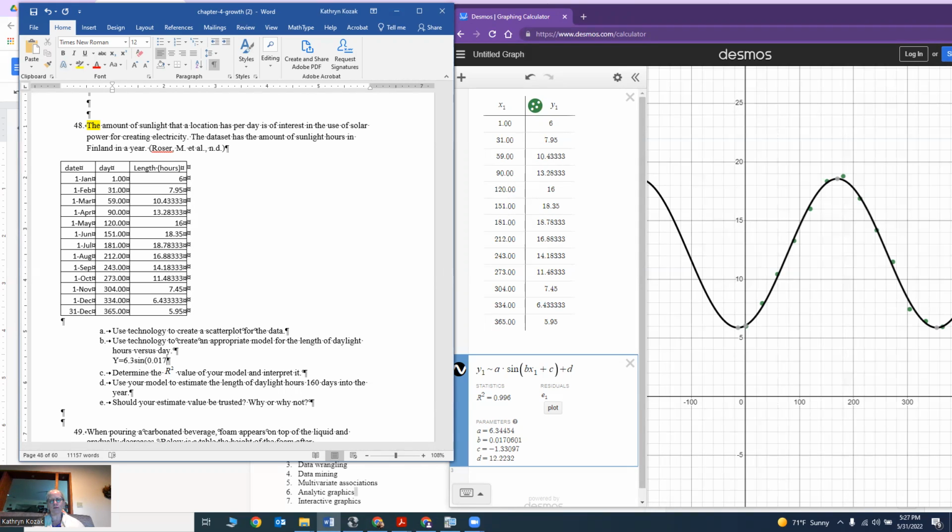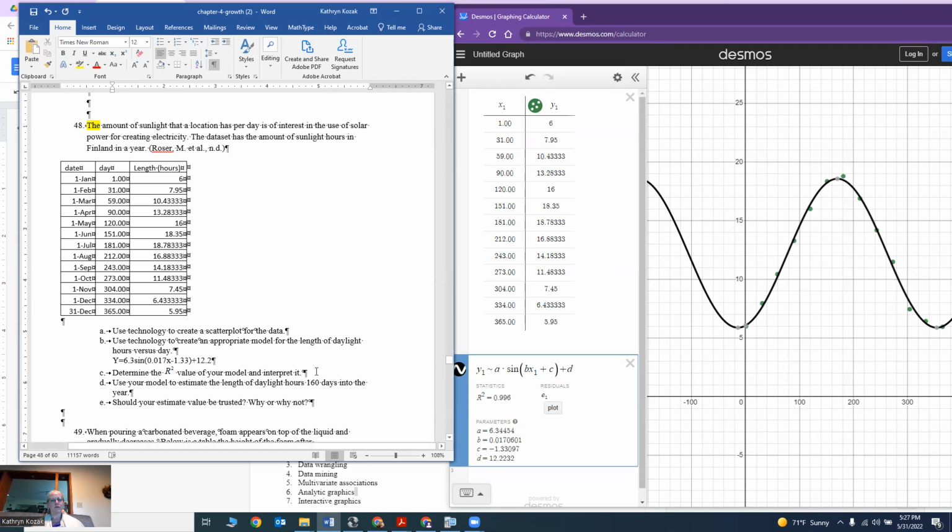You don't want to just round it off to 2 decimal places because that's not a very big number, so going a little bit farther in this case is good. X plus C, my C is actually negative 1.33. So instead of plus a negative, I'll just use minus 1.33. Close that, and then plus my D, and my D is 12.2. So there's my model that models this data.